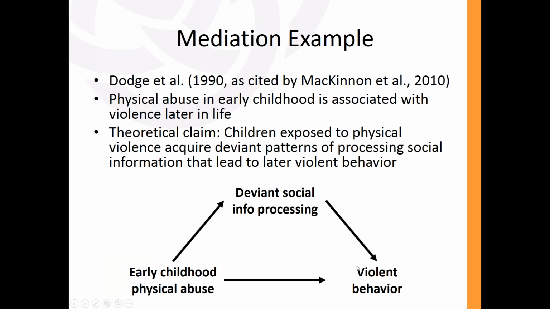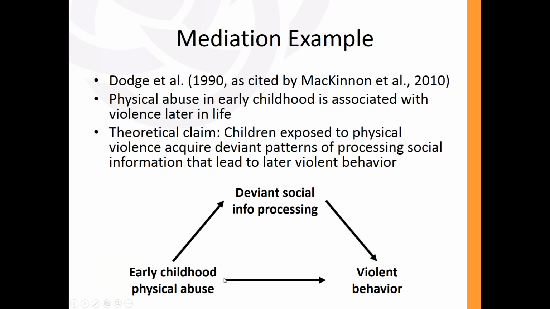You would have to also have a positive correlation between the independent variable and the mediator, because if this mediating link is going to be visible, then they have to be related to each other in a positive manner, and the mediator also has to be related to the violent behavior variable in the same way that the original independent variable was related to it.